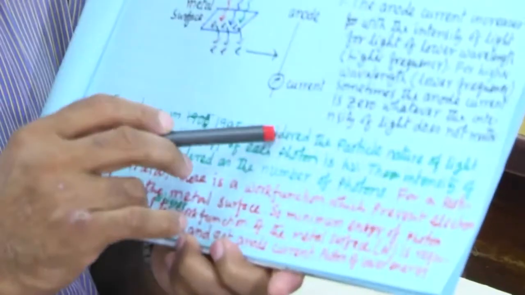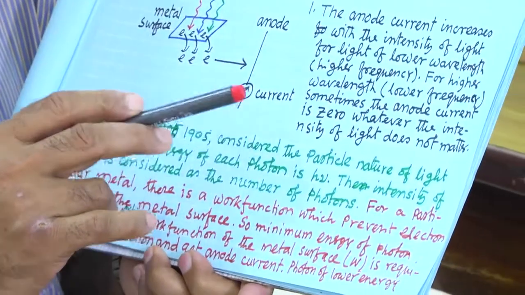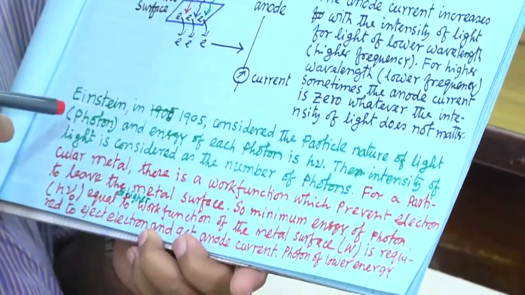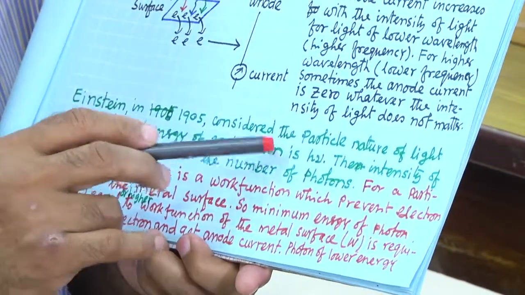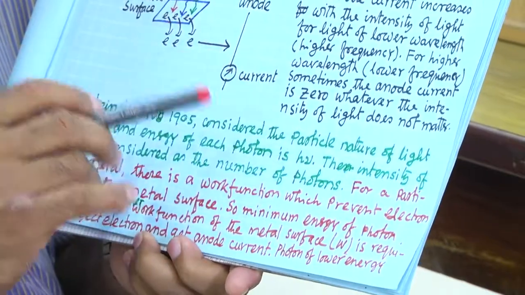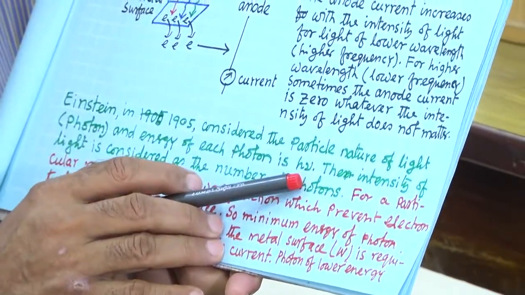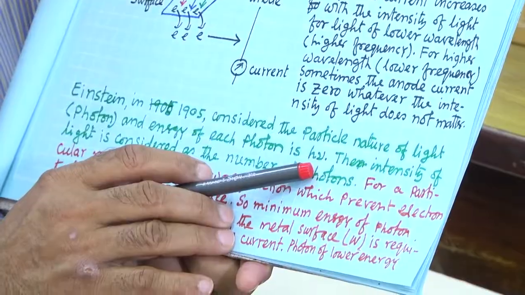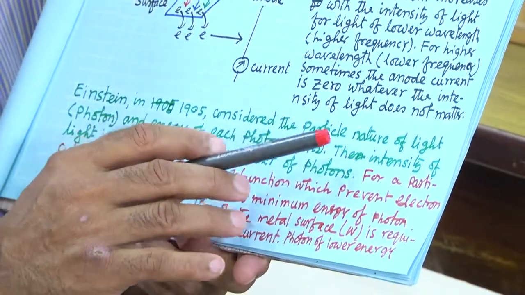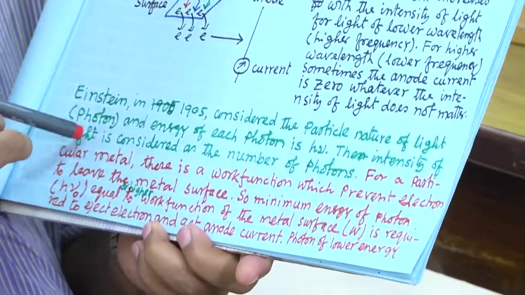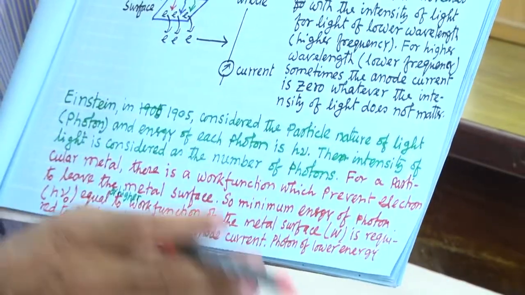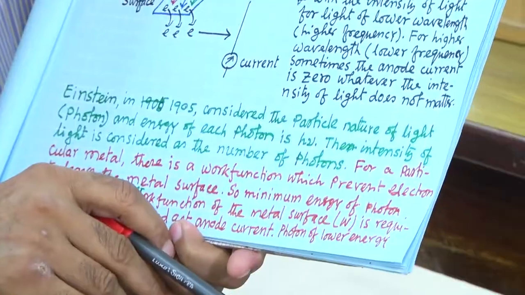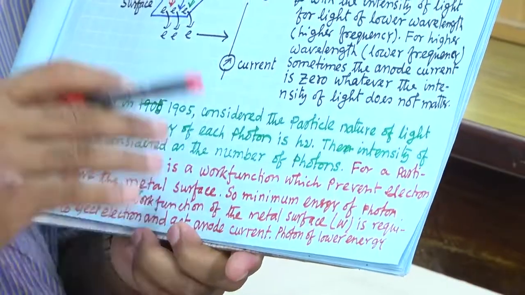he considered the particle nature of light, that is basically called the photon, and the energy of each photon is h nu. The intensity of light is considered as the number of photons present in the light beam.